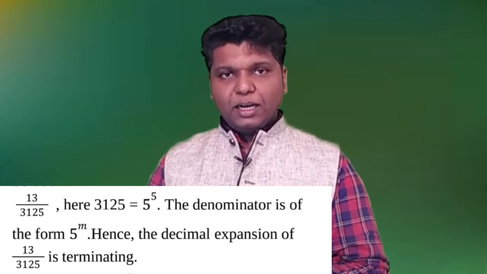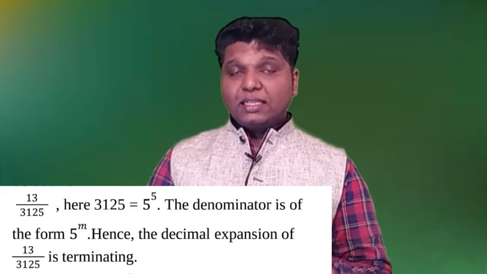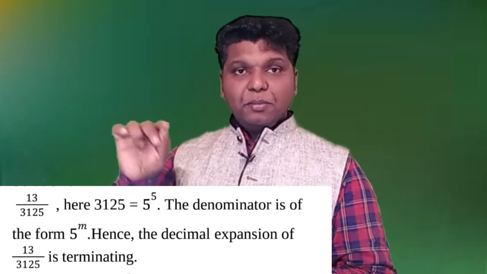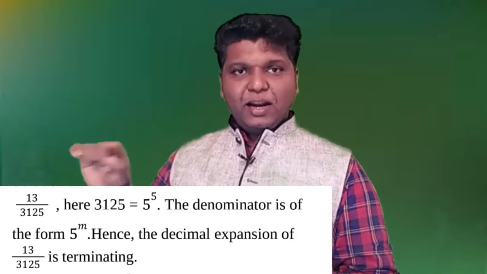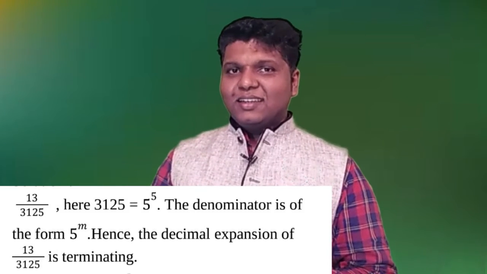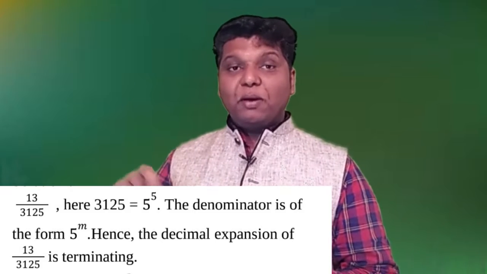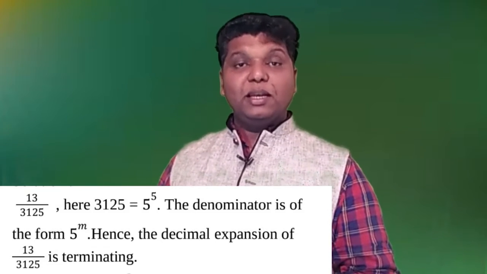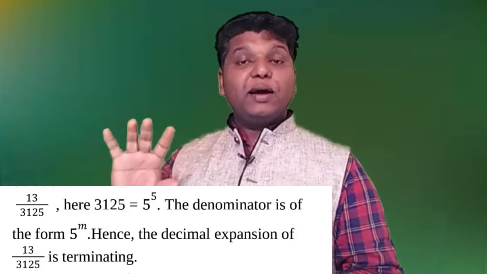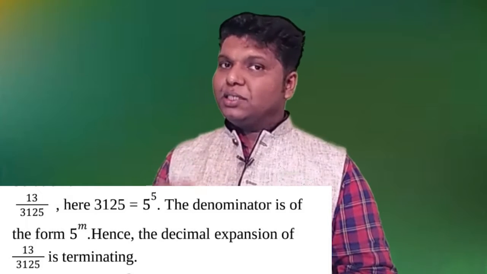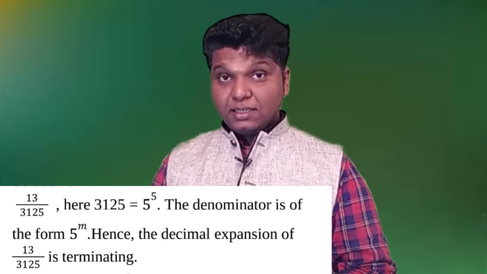So now choose the denominator part. What is the denominator part? 3125. Just factorize it and see. While factorizing, what did you get? You got it as 5 raised to the power 5, right? 5 multiplied by 5 multiplied by 5 multiplied by 5 multiplied by 5. When you multiply 5 five times, you will get the number 3125, isn't it?